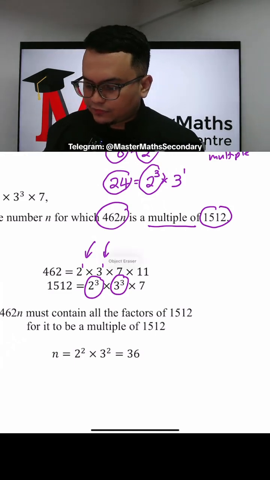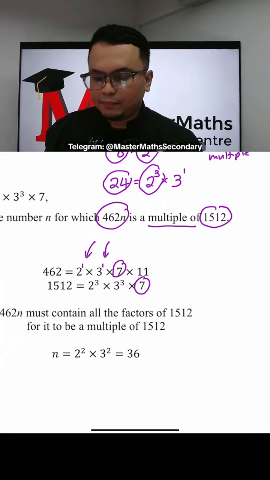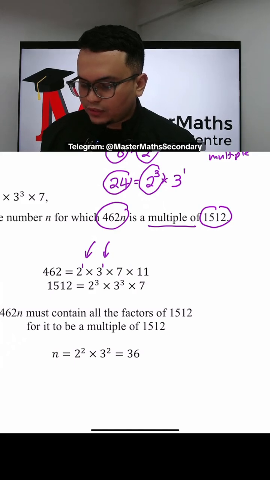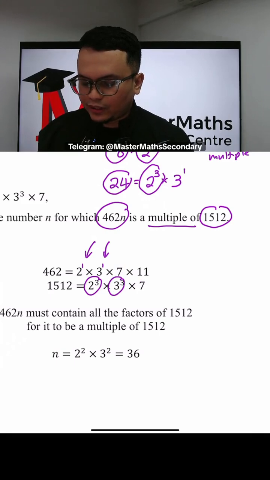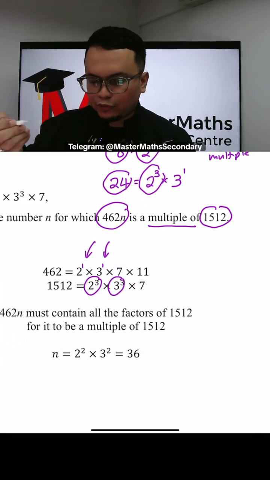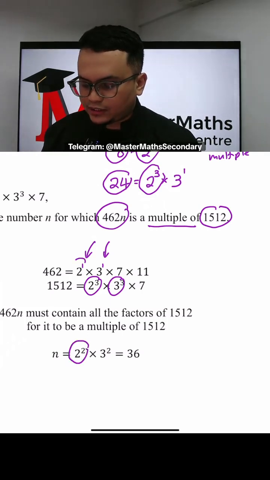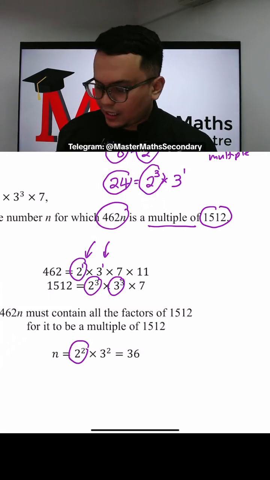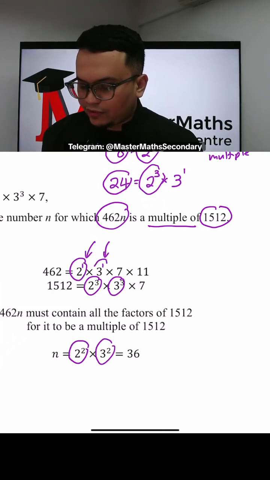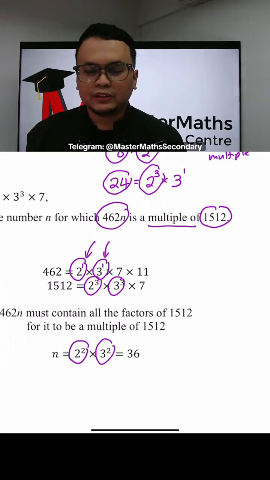For 7, it is not a problem because 7 is there. But 462 is lacking the 2 power 3 and the 3 power 3. So to level up, I need another 2 squared, so that it pushes this 2 power 1 to become 2 power 3, and then a 3 squared to level up my 3 power 1 to 3 power 3.